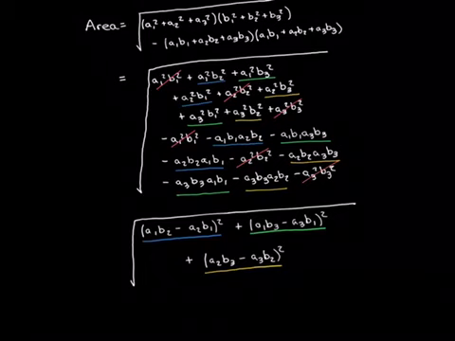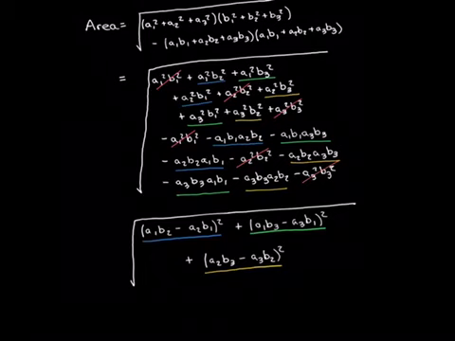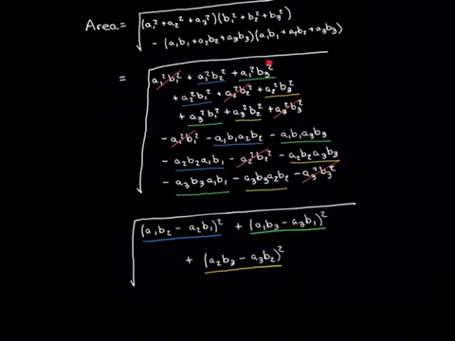Finally, we can simplify this quite brilliantly by noting the connection with terms in the top bit here. So I've underlined the terms that are going to collect together to make something beautiful. So up here we have a1 squared b2 squared plus a2 squared b1 squared, and this, I claim, can be collected with these that we've underlined in blue here to make this structure here.